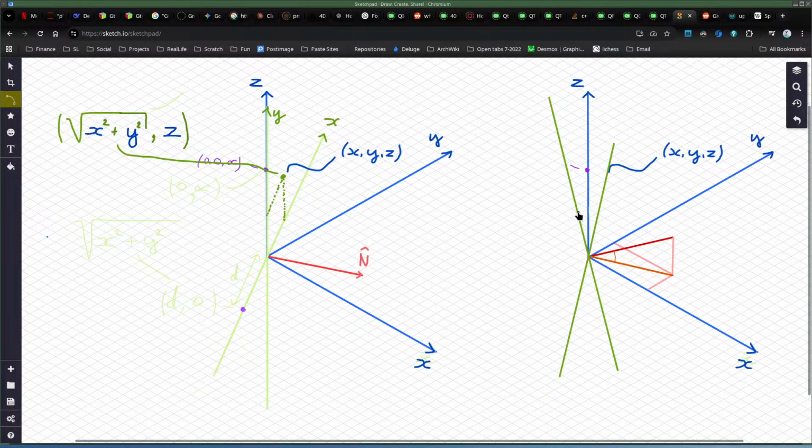Pretty sure that should be the same angle as between this line and the z-axis now. Oh, it closed this. Oh, finally I have my arc. I was looking for that arc.